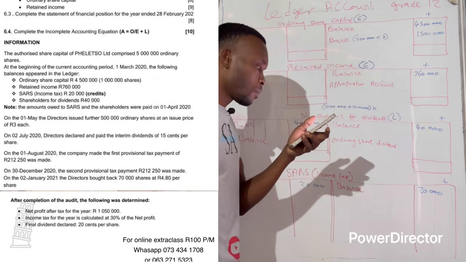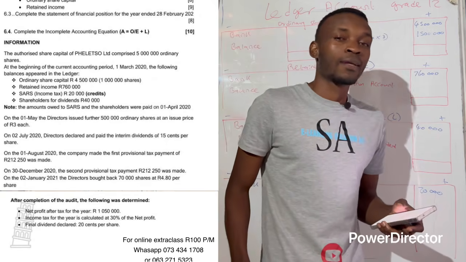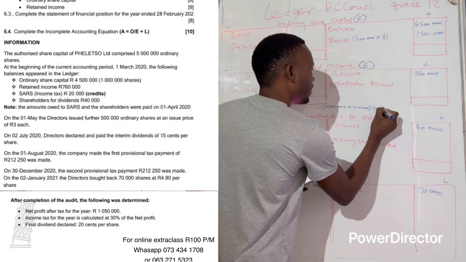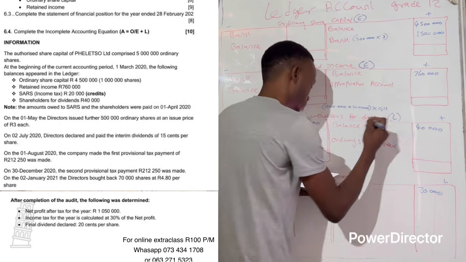Multiply by, because they say that 15 cents, guys, don't say multiply by 15. 15 cents is written like this, 0.15.